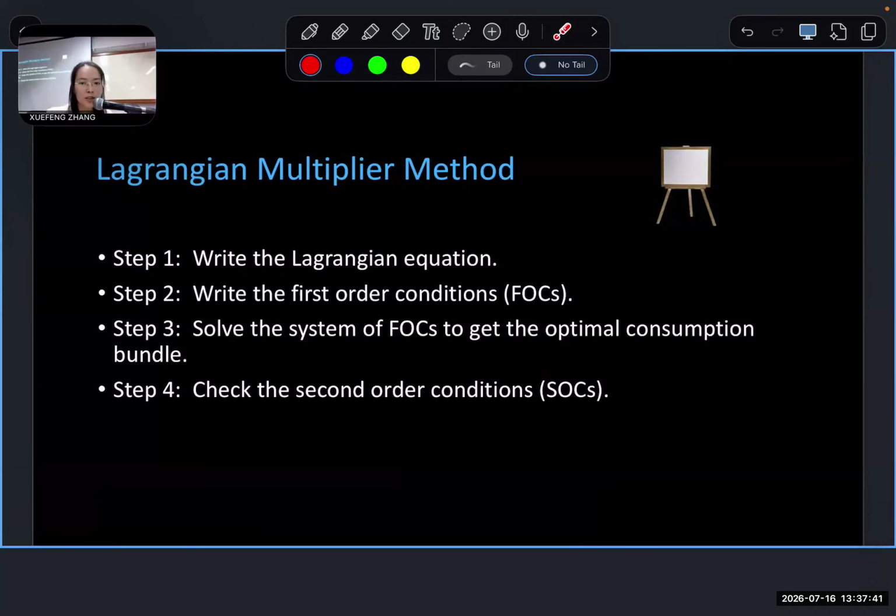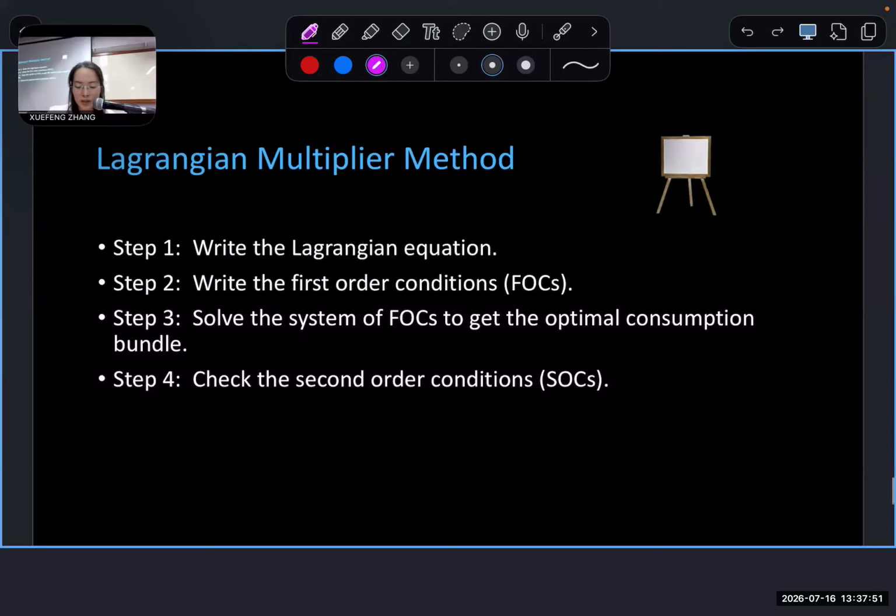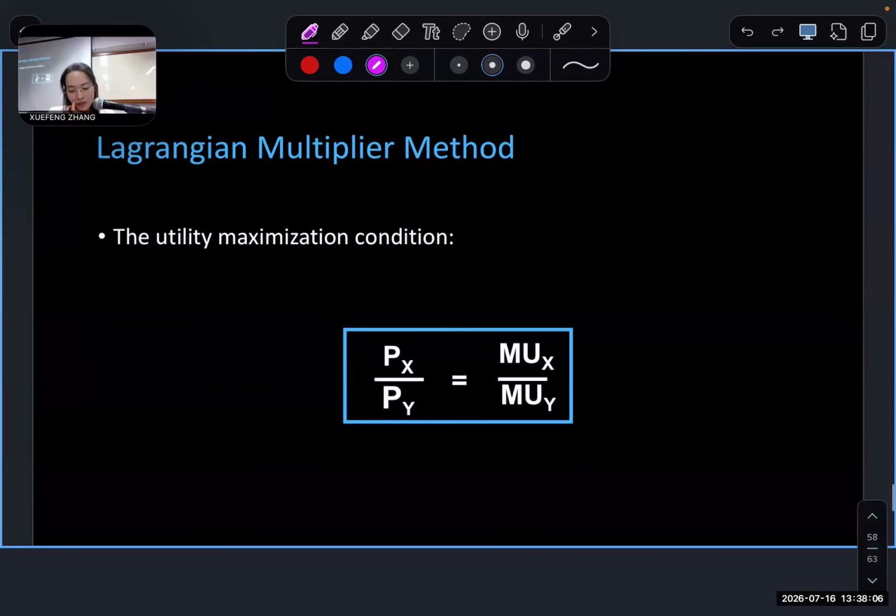Do you still remember these 4 steps? This is the key condition from solving the Lagrangian. The optimal condition is that the price ratio must equal the ratio of marginal utilities. So here is the condition I just talked about.